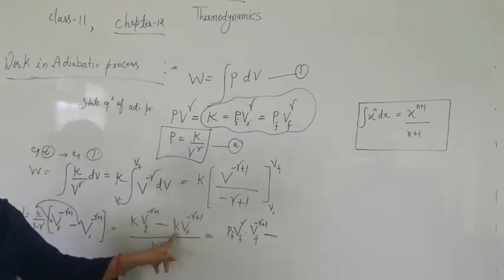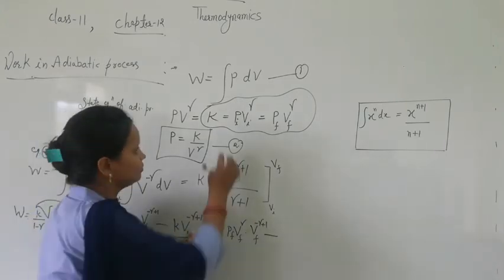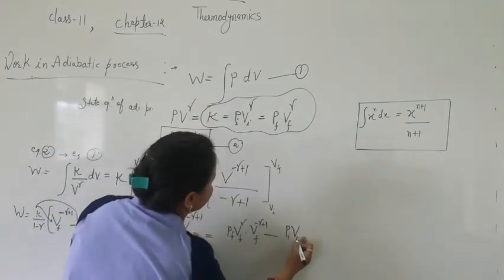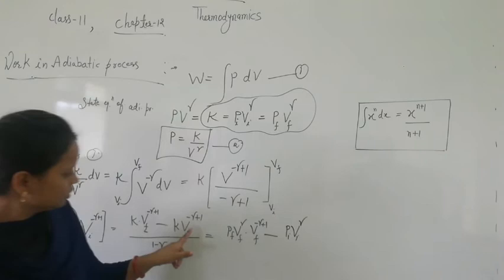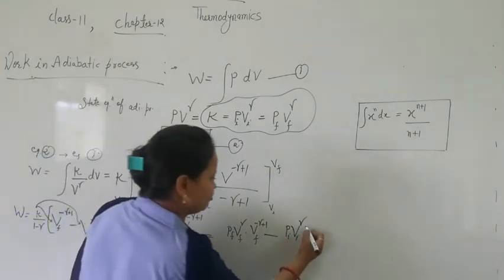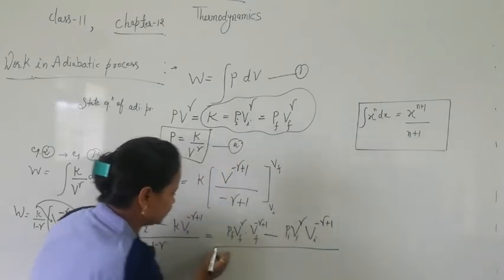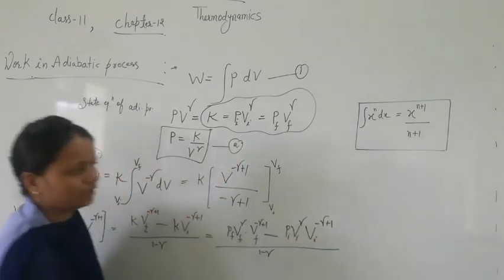Again K is related with the initial term, so K is equal to Pi Vi raised to the power gamma, multiplied by Vi minus gamma plus 1 divided by 1 minus gamma.